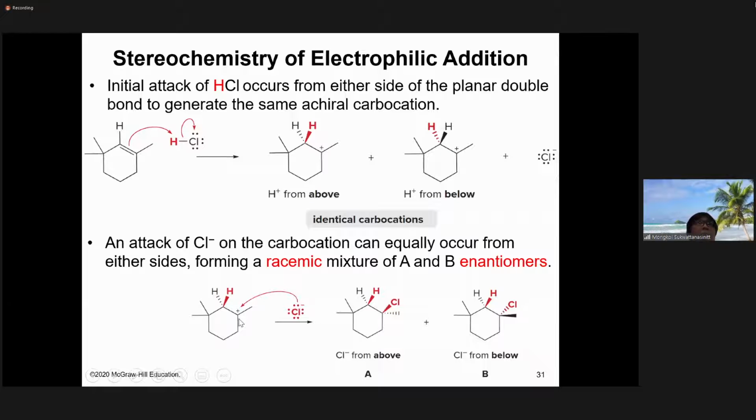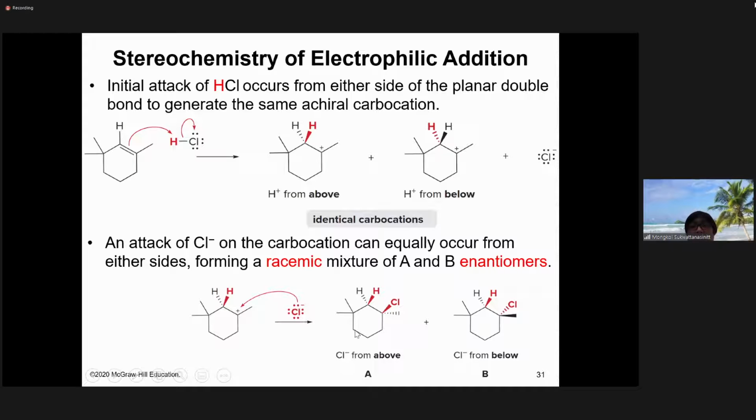Okay, but you already learned that the carbocation, what type of geometry does it have? Trigonal planar. That means it's planar, right? So you have the same probability or same chance for the reagent to come from above and below the plane.